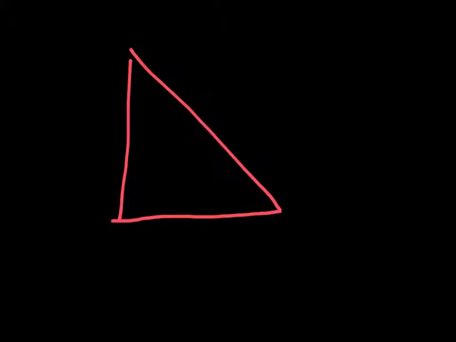So let's go on to another special triangle. This is the 45, 45, 90 triangle. Same thing as the last triangle, except the side lengths are different this time.